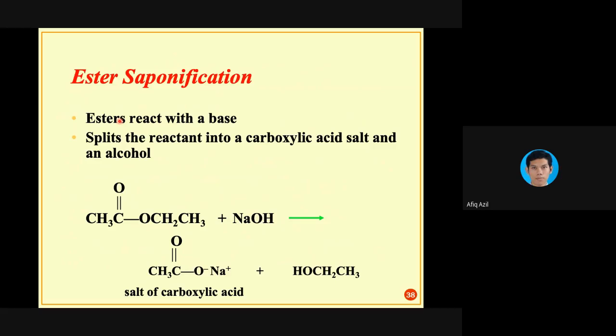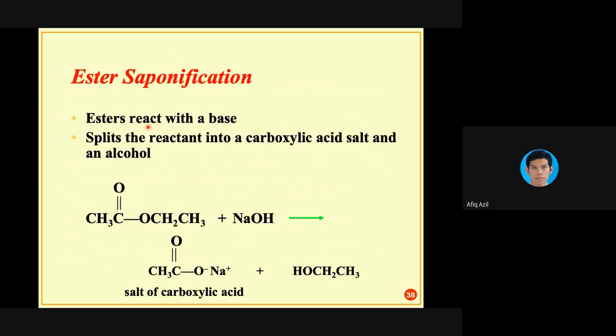And then ester saponification. Okay, this is a very important reaction basically. From this reaction, you can actually form soap, to make soap or cleaning agent. It involves the saponification process.